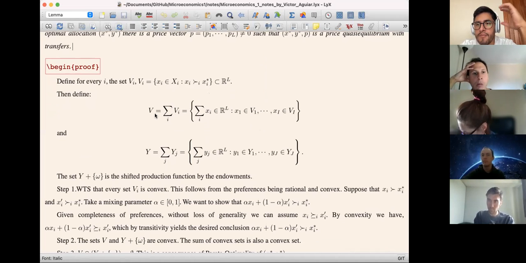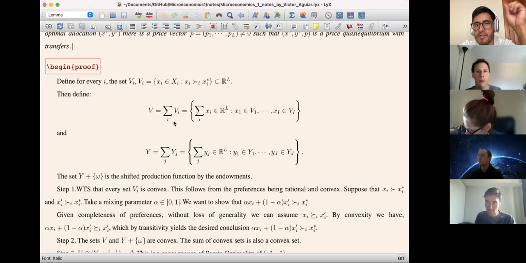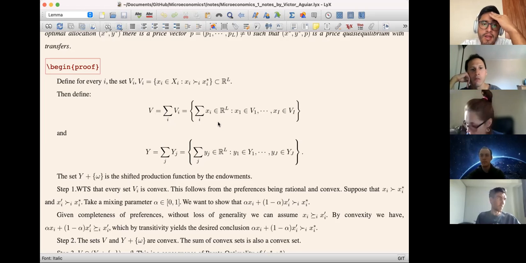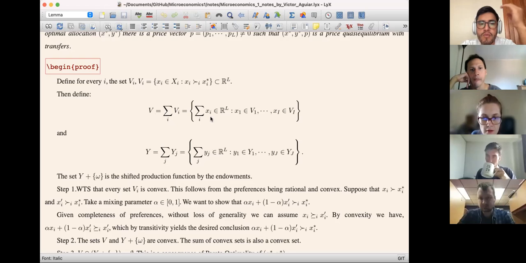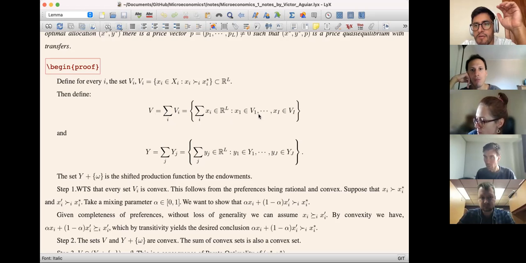Then I'm going to define the following set, which is capital V. The set capital V is the summation of all sets V sub i. This set is constructed in the following way. Any element here is going to be the summation of x's where each x sub i belongs to each of these V sets.